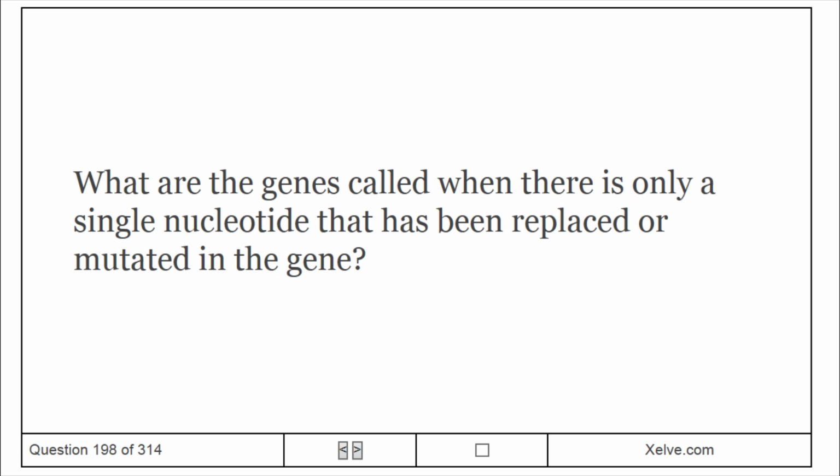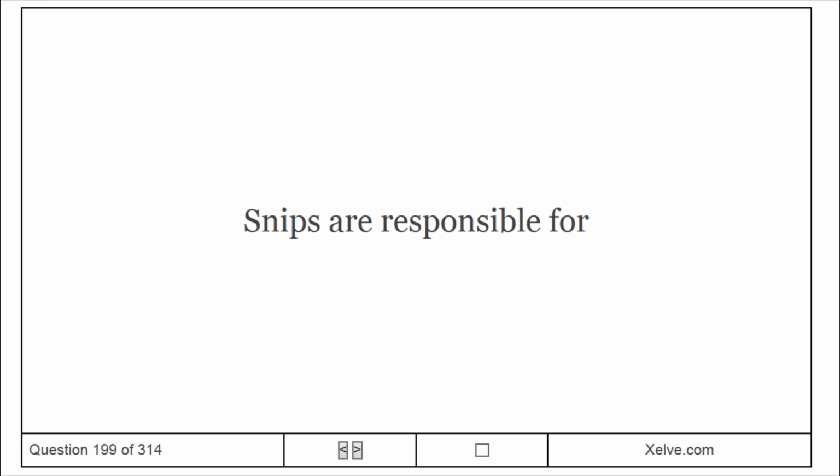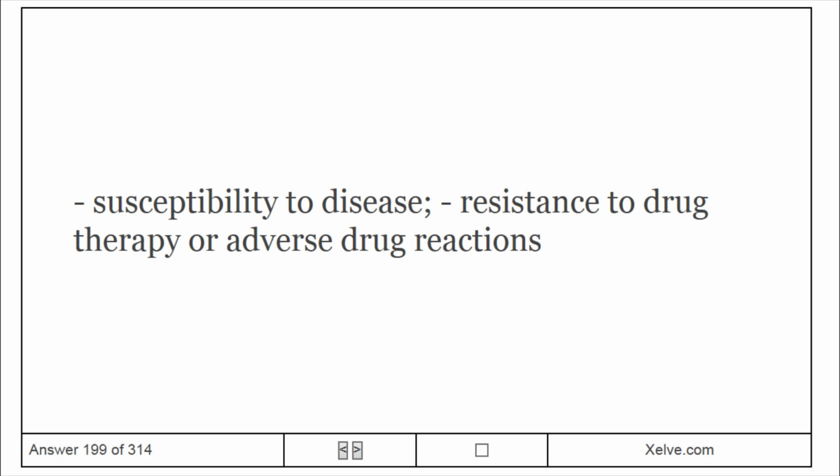What are the genes called when only a single nucleotide has been replaced or mutated in the gene? SNPs, or single nucleotide polymorphisms. SNPs are responsible for susceptibility to disease, resistance to drug therapy, or adverse drug reactions.